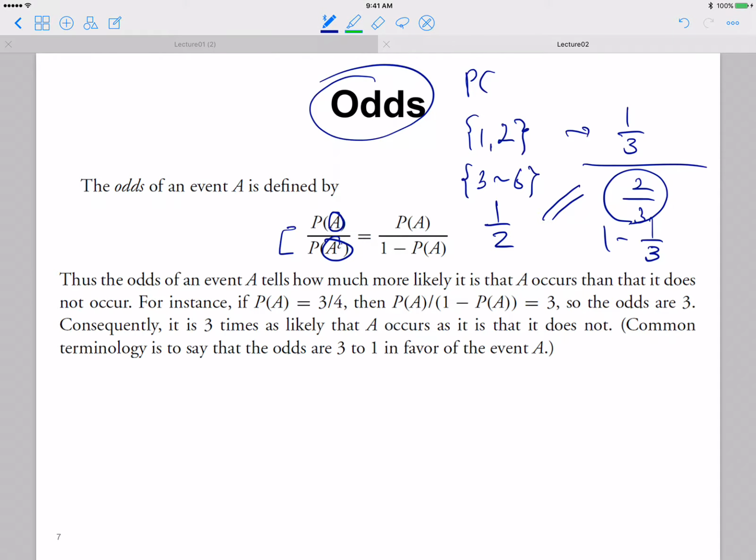Odds are 1 over 2. Okay, and then what about this? 1, 2, 3, 4. Yeah, this is almost the opposite case. This is the event E, and the complement is 5, 6. And then the odds are 2. Right? And so it's the multiplier or the ratio between these two probabilities.